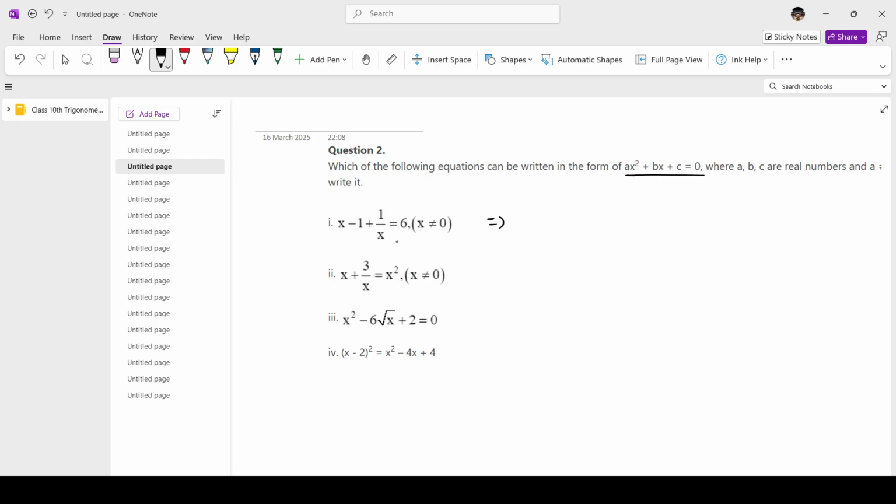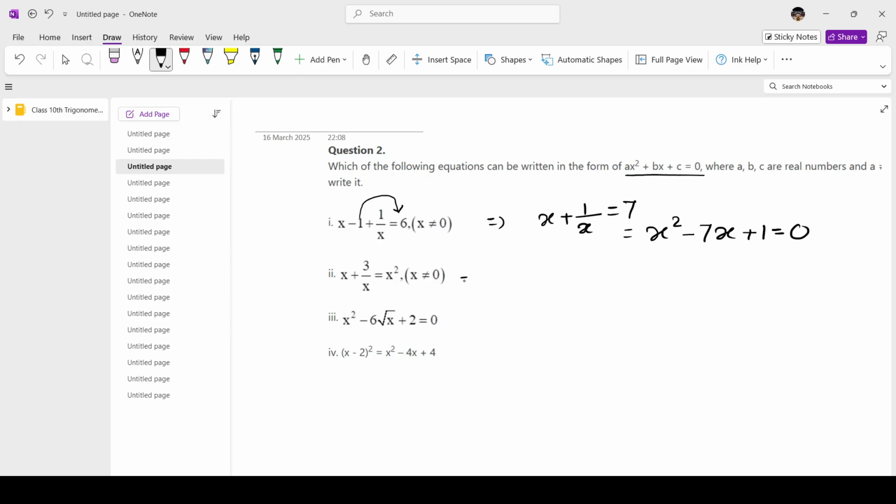If you do this to both sides, this will be x plus 1 by x is equal to 7. If you further solve it, it is x squared minus 7x plus 1 equal to 0. Okay, so this is the quadratic equation.